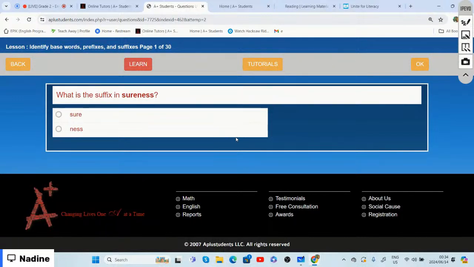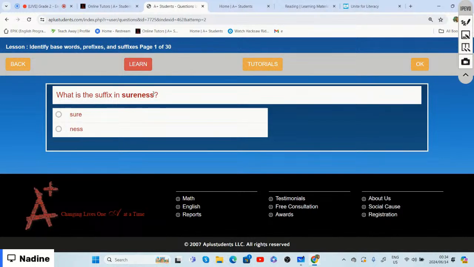It's a word that cannot stand on its own. So if you look at the word sureness, what is the suffix, the word that is added at the end of the base word? Is it sure or is it ness? The suffix.